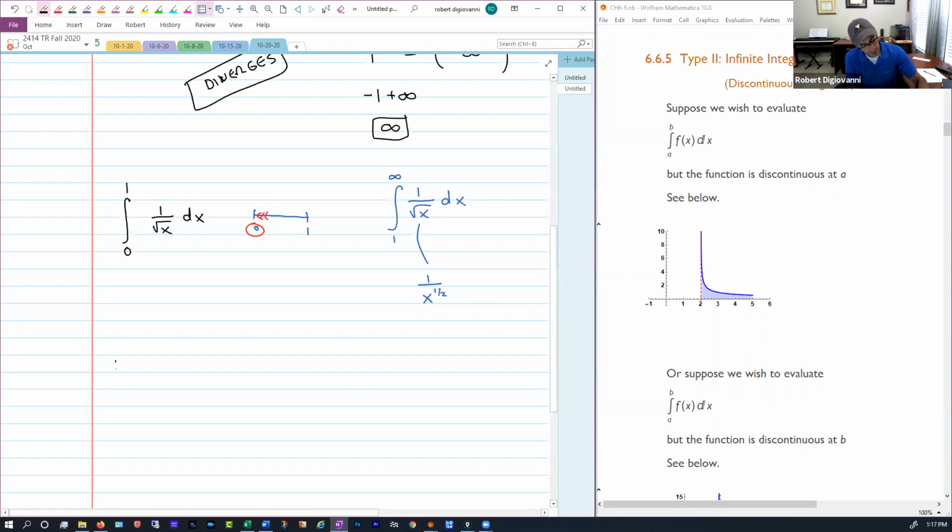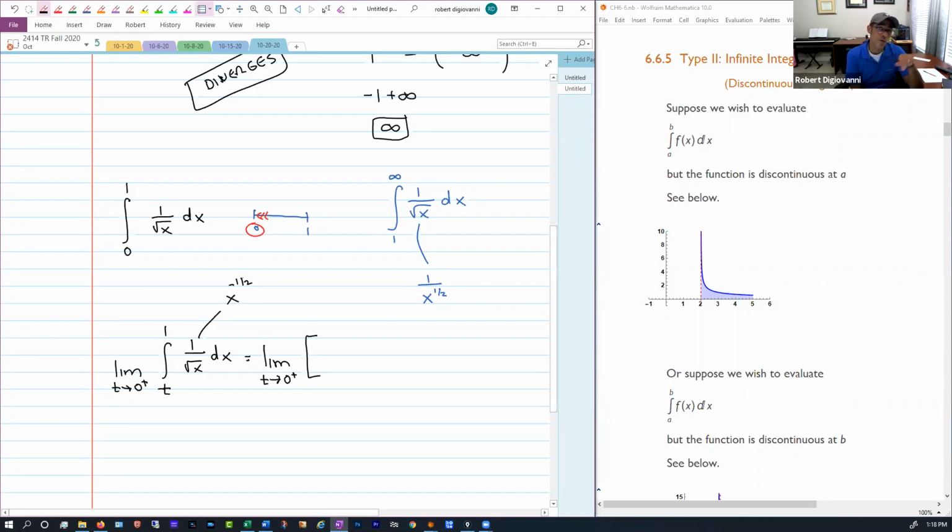So I'll set up a limit as t approaches 0 from the right of the integral from t to 1 of 1 over the square root of x dx. Okay, the antiderivative of this. Remember, that's x to the negative 1/2.